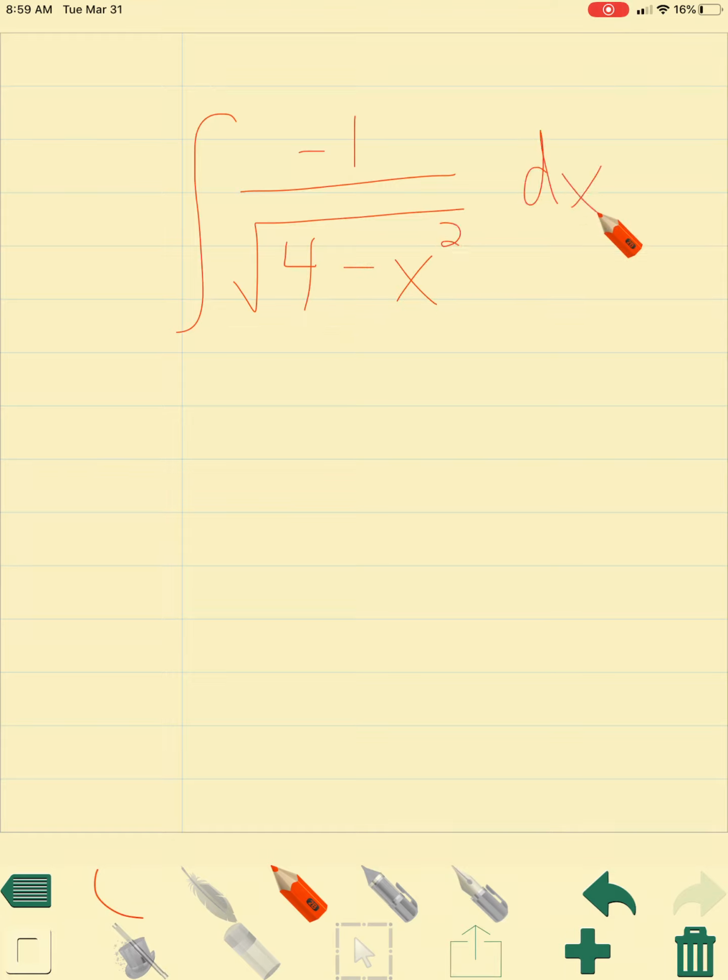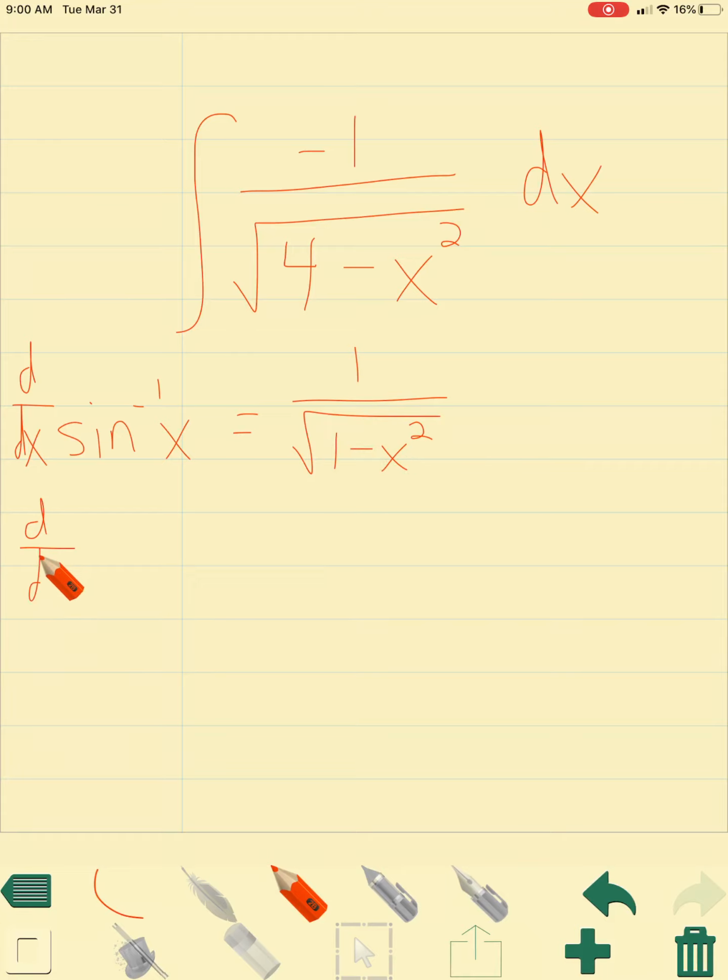Okay, this one's a little bit tougher because this is a trig function one. If you can notice and remember what trig function this looks like, well this looks like an inverse derivative. So if you remember the inverse derivatives, so remember the sine inverse of x, if we derive this, we ended up getting 1 over the square root of 1 minus x squared.